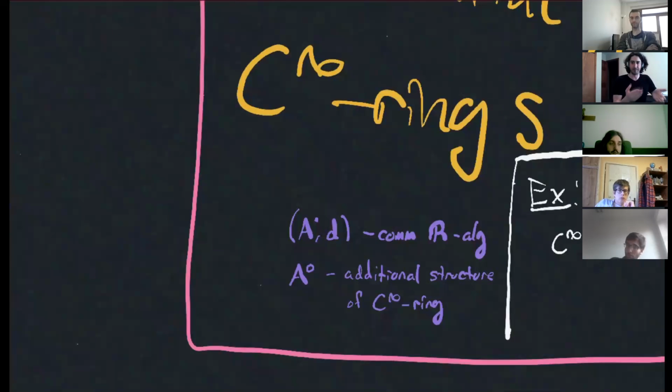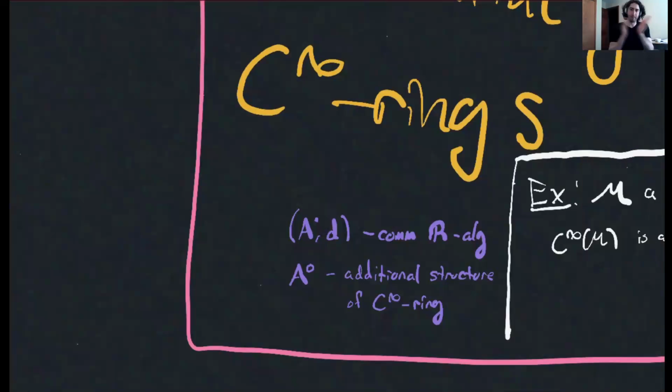So it's not just a commutative algebra, but a C infinity ring. And you want the maps between the differential graded algebras at level 0 to be maps of C infinity rings, so they have to respect these extra operations. But otherwise, it's exactly the same as DG algebras.